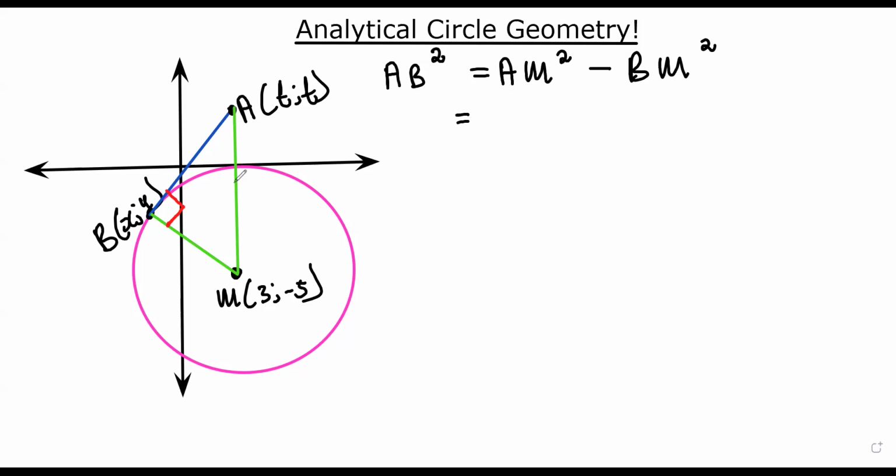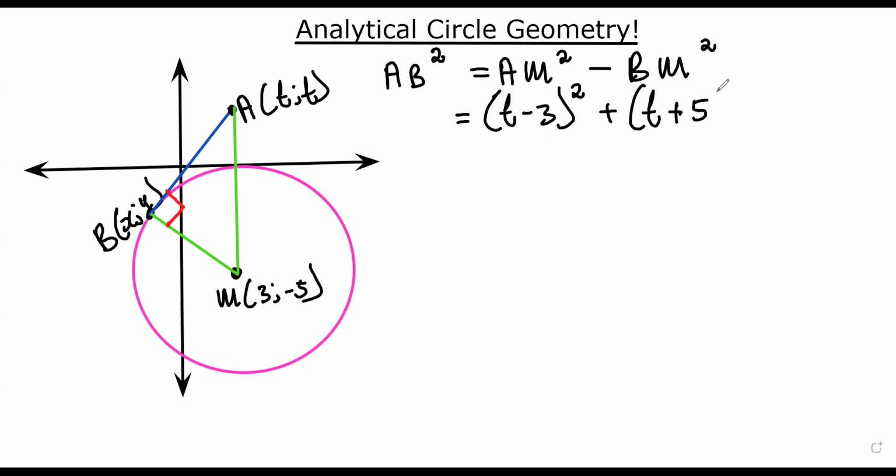So how do we get the length of AM? Well, easy, or rather the square of AM. We say, well, it's going to be the x value at A minus the x value at M, plus the y value at A minus the y value at M. So it's supposed to be minus 5, right?